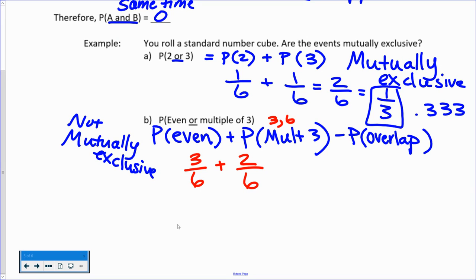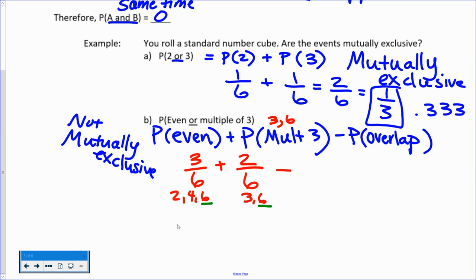All right, so here's what, so those are my 3 options. These are my 2 options. So the reason why I have to subtract is because I have included 6 twice. So I just made it twice as likely that you would get a 6 for rolling a number cube, and that's not true.